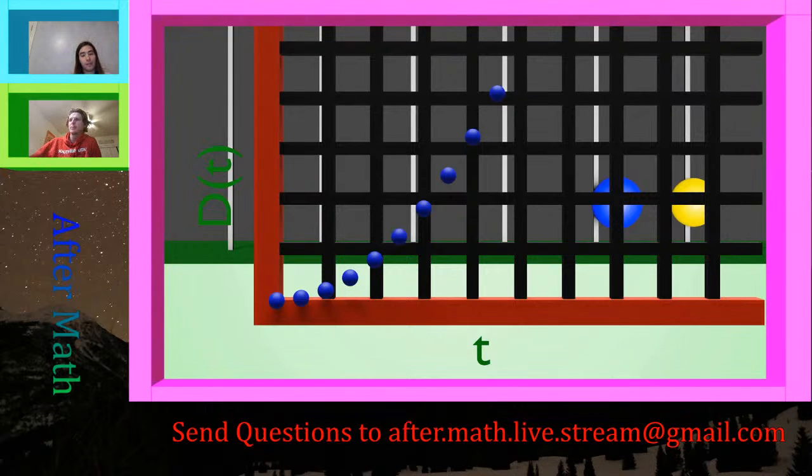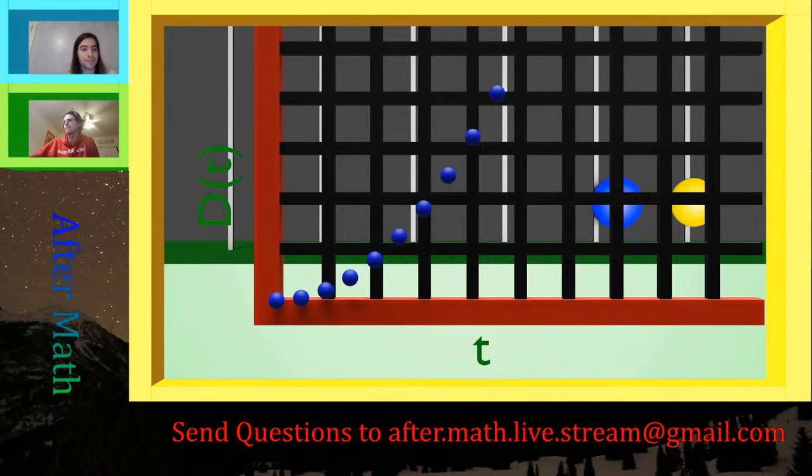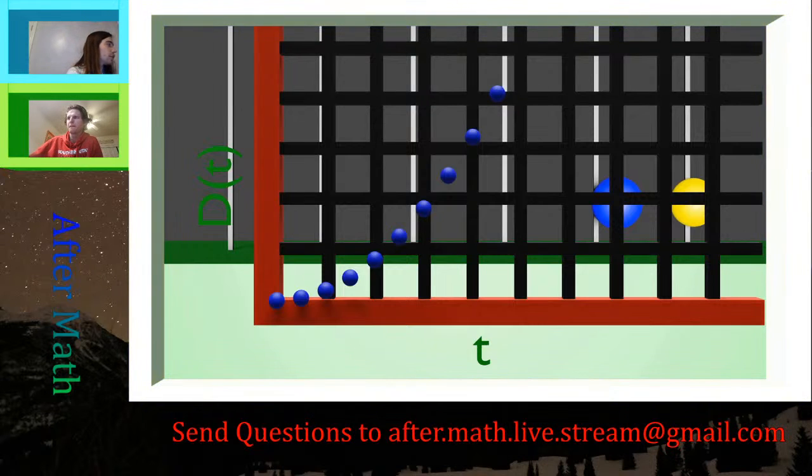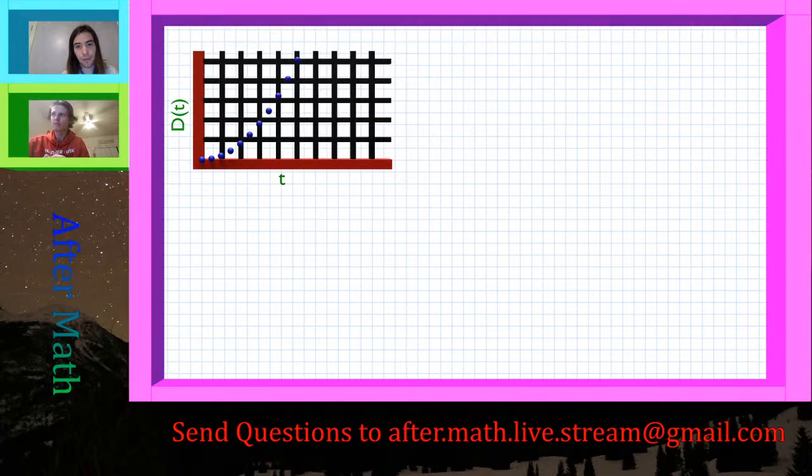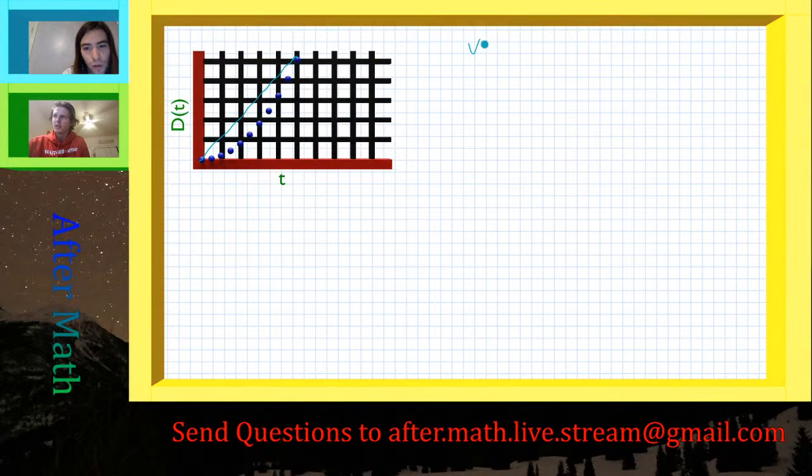And we still haven't found the acceleration, and we're getting to that. So if we go back to our Jamboard and move on to the next slide, again, we can take this slope from the first point to the last point, and that's still going to equal 1, and that's our average.